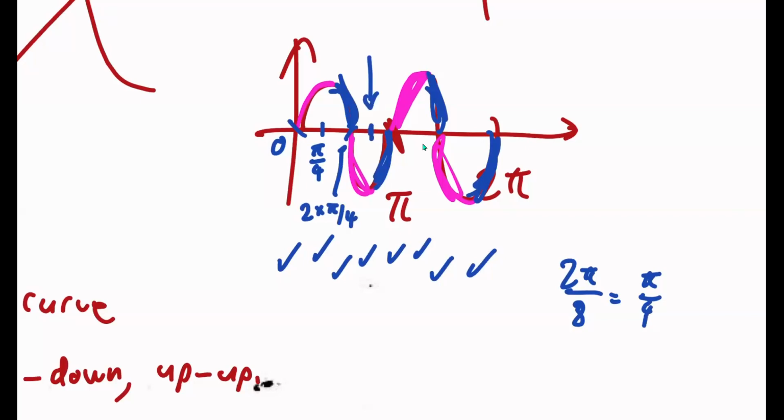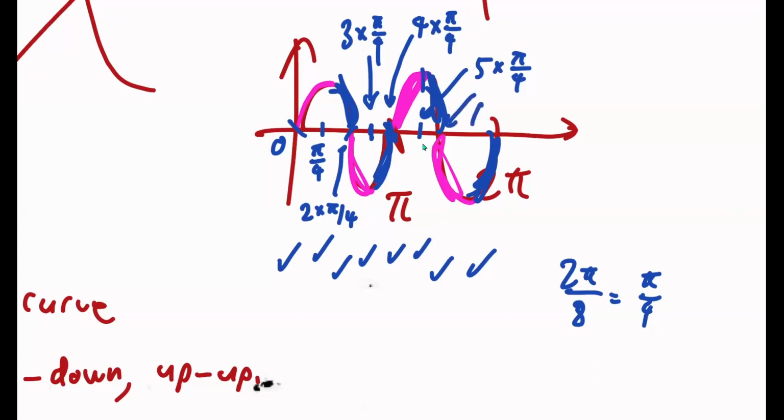This other one will be 3 times pi over 4. And the next one will be 4 times pi over 4. And then the next one is 5 times pi over 4, so on and so forth, all the way 6, 7, 8. Okay, you get the idea.